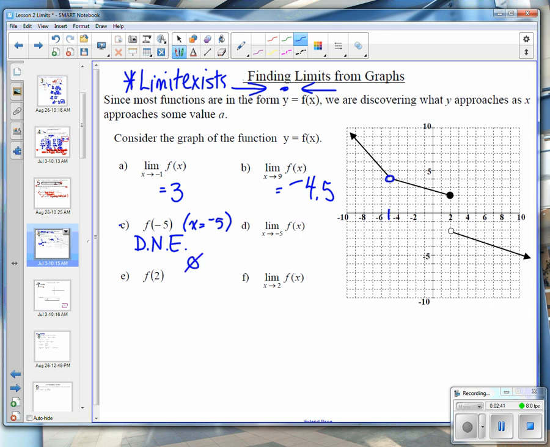Now let's switch it up, and we're still going to talk about that same point, but now instead of just looking for what is y, we're going to say, what is the limit as x is approaching -5? So that's a little bit different. Now remember the basics. The limit exists if it is approaching the same point, whether or not that point exists, if it approaches the same point from the left and the right. So let's take a look.